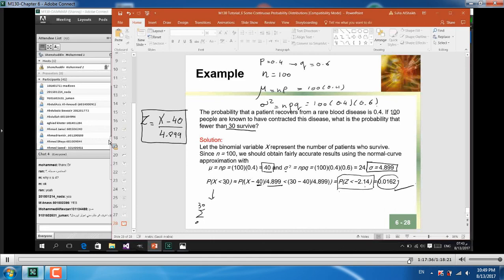Usually they don't explicitly ask, because we know that we have the calculator. The calculator gives us the sum from 0 to 30, so I'm not required to convert. Just in case they ask you to convert. Of course, if you are doing it manually it's easier to change it to the normal.